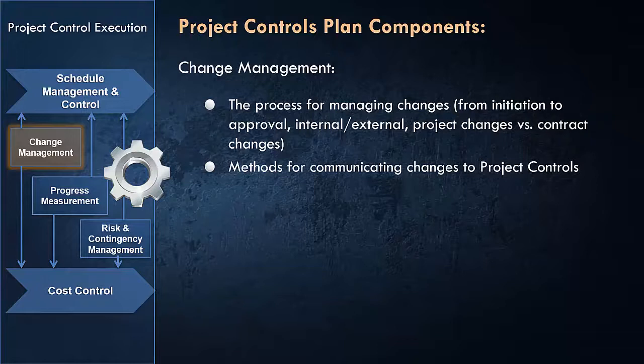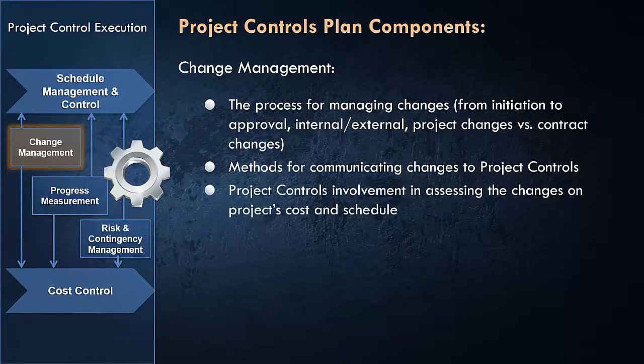But here in the project control plan, you need to address how those changes are going to be communicated to project controls if they are not the ones who are responsible for the change management process of the project. Also, what is the involvement of project controls in assessing the changes on project cost and schedule?